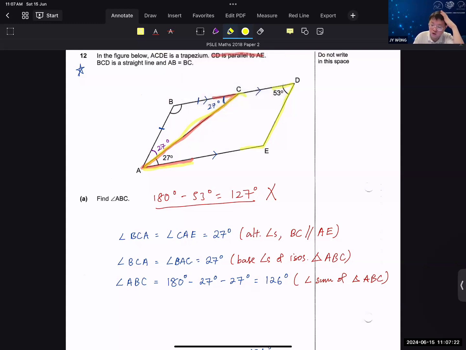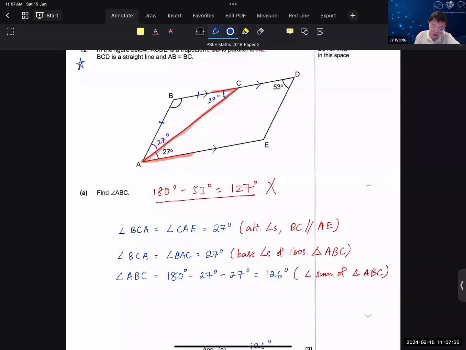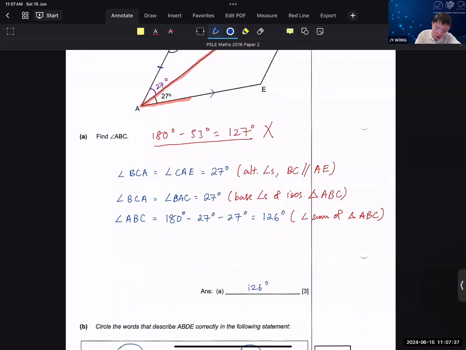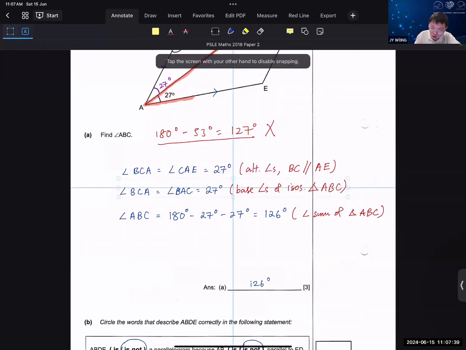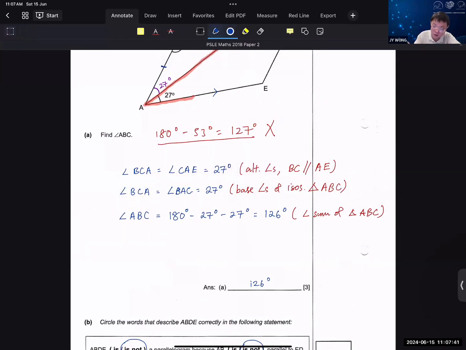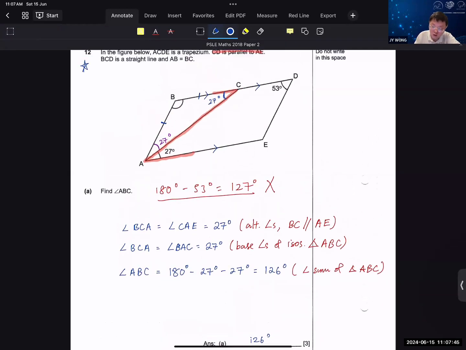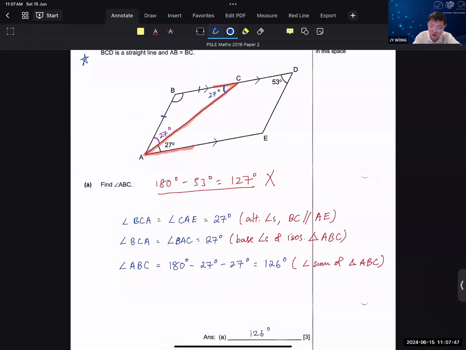That one is just slightly more long-winded, but it's fine. So you could have just used the alternate angles. That would have been faster, but it's fine. Okay. So please, do not tell me 180 minus 53 equals 127 to find angle ABC. That is wrong.